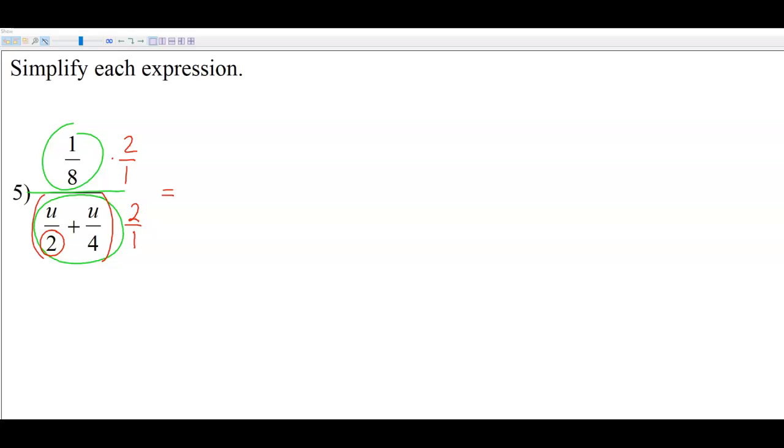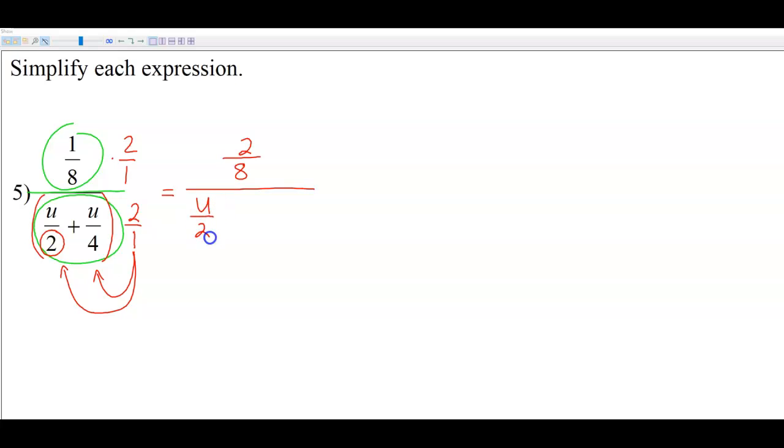In this case, nothing really cancels per se, but we can have 2/8, right? And on the bottom, if we distribute this, well, that's kind of the new part. This 2 over 1 has to be multiplied by both of these. So in other words, it's going to look like this.